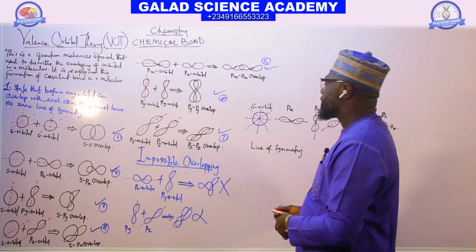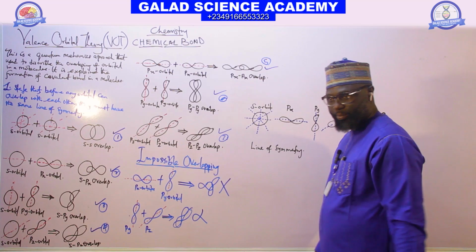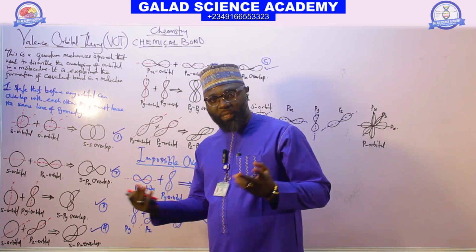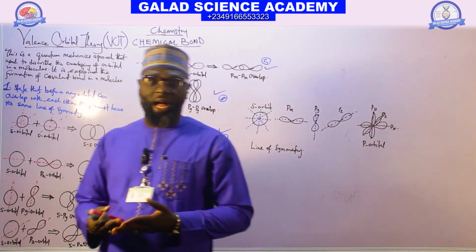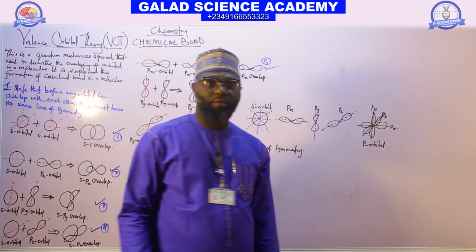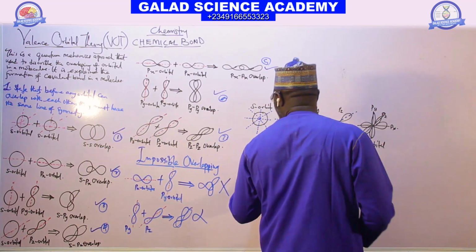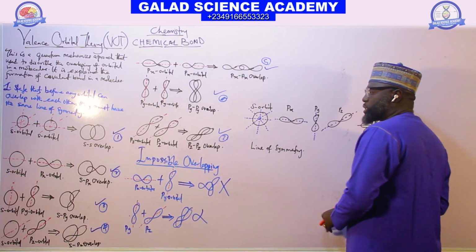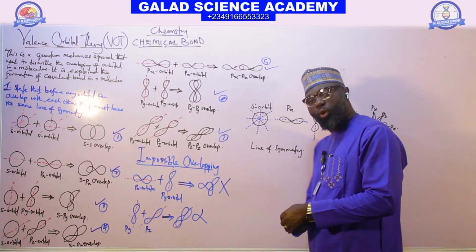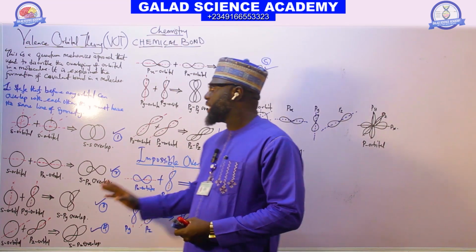The second theory says that two orbitals that overlap with each other must have the same energy level. Two orbitals that overlap with each other must have the same energy level.